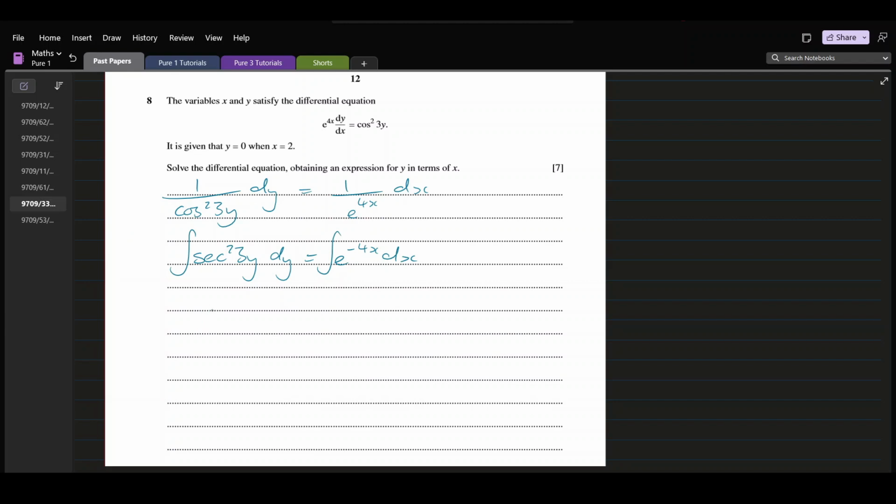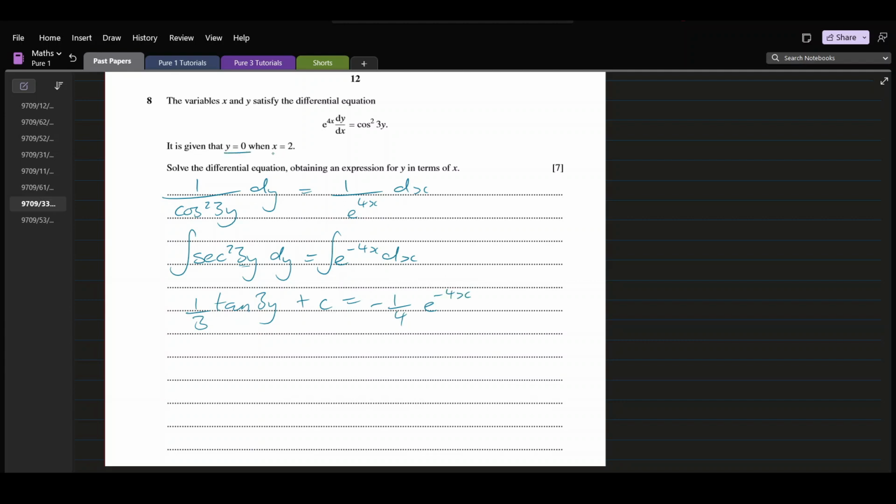If you integrate sec squared, you end up with tan. So this becomes 1 over 3 because of this 3 over here. Tan 3y plus a constant of integration, and then that becomes -1 over 4 e to the -4x.